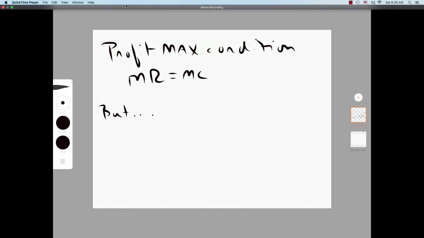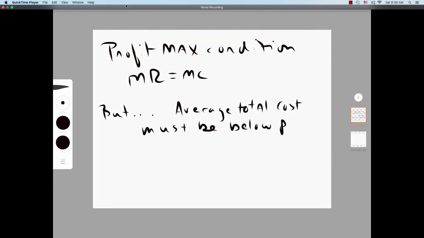And that is that this final type of cost, called average total cost, has to actually be below price. So the average total cost must be below price for profits to be earned.